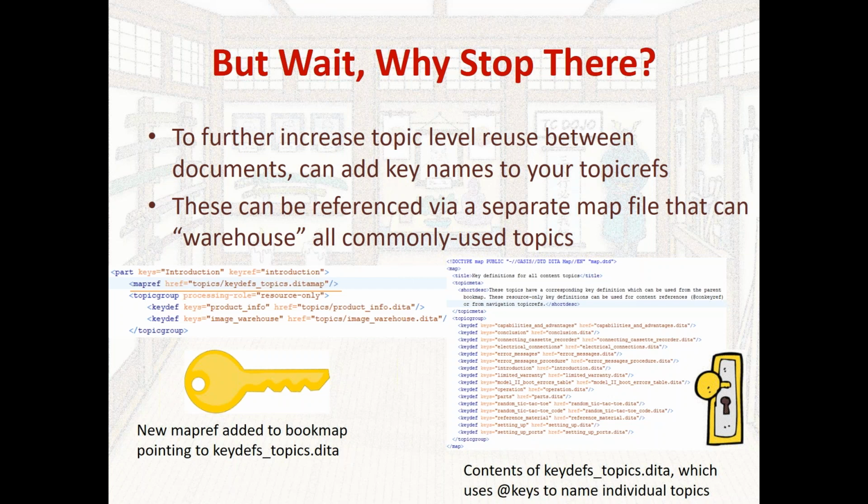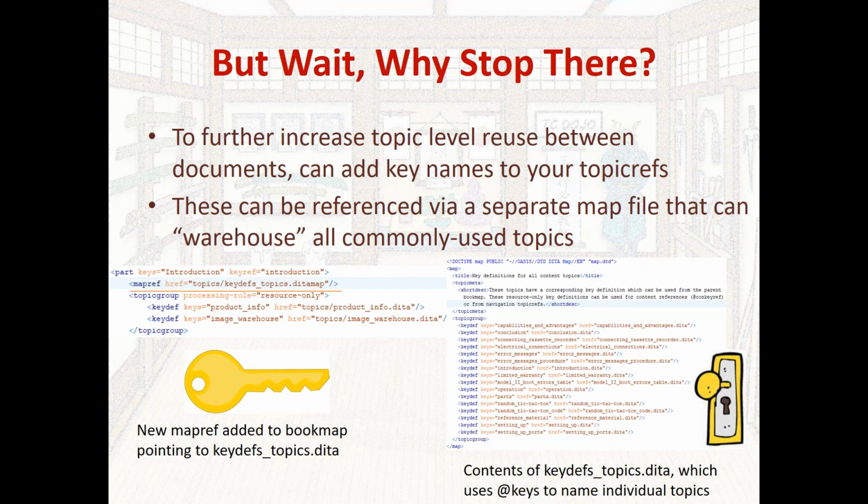Whereas in the first case we were using a topic that referenced all of the images, we're now going to be referencing a map instead, using the mapref tag within the existing book map that essentially says, here are all of the topics that you might want to use for your publication. And then when it comes to referencing them, you no longer point to them directly using an href, but you use the key name instead.